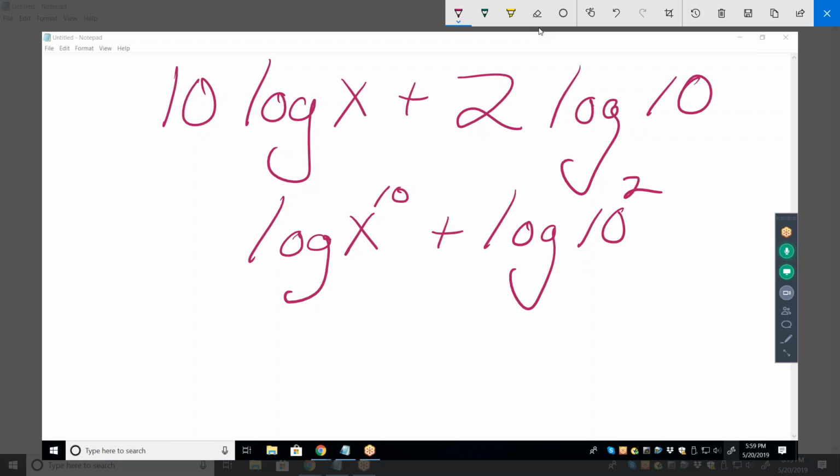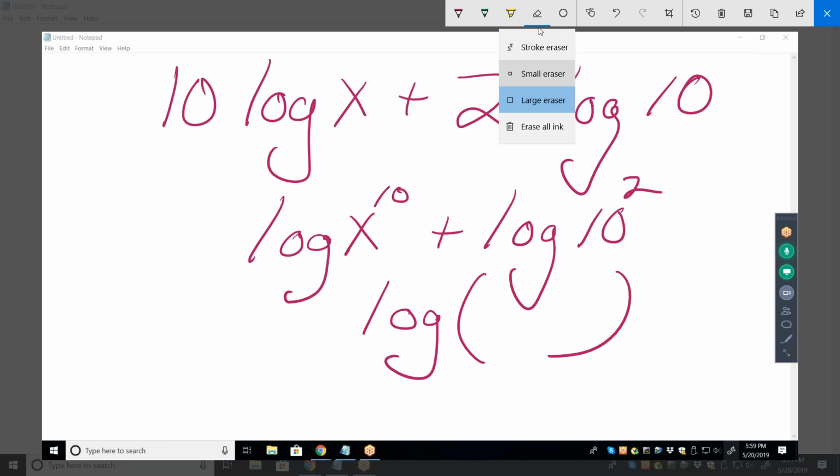Okay. Now combine that into 1. Would be x to the 10 plus 10 squared. No, everything in the argument is going to be multiplied, not added.